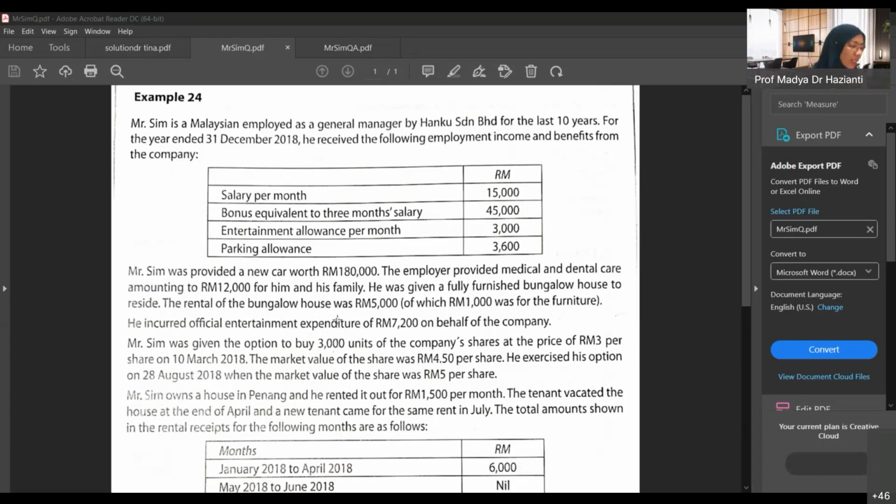Alright, and then section 13(1)(c) sebab sekarang dia ada rumah kan. Fully furnished bungalow. So kita kena kira 30% from section 13(1)(a). Remember tadi section 13(1)(a) kita dapat berapa? 265,500. Betul tak? Kita punya section 13(1)(a) tadi ialah 265,500.